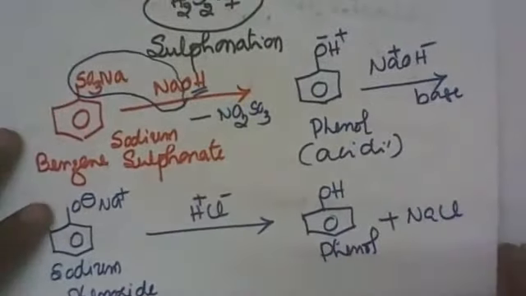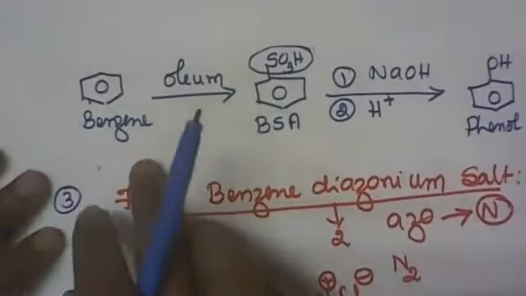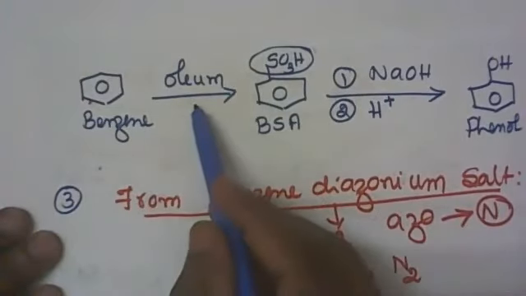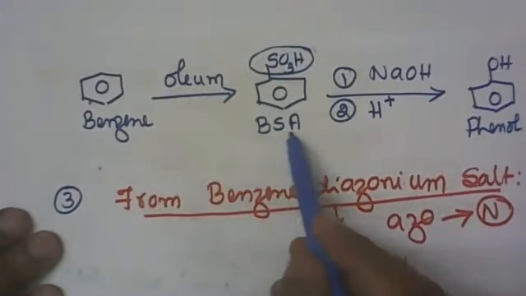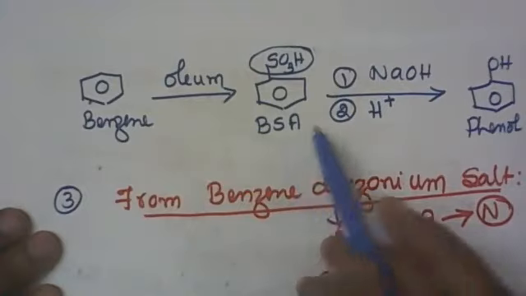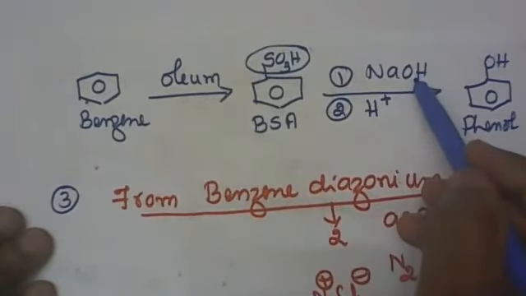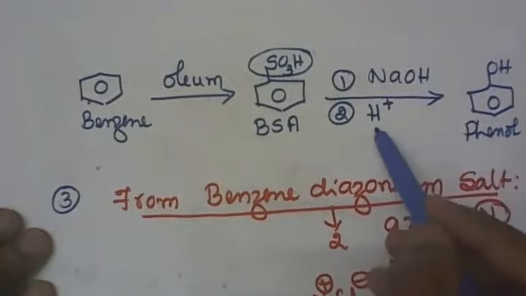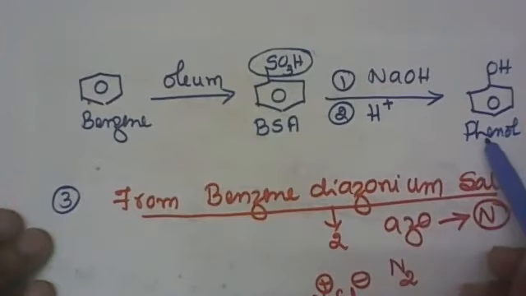In the case of benzene sulfonic acid, benzene is treated with oleum to give benzene sulfonic acid. Then it is treated with sodium hydroxide followed by acidification, giving phenol.